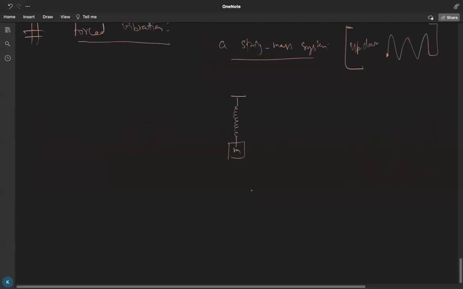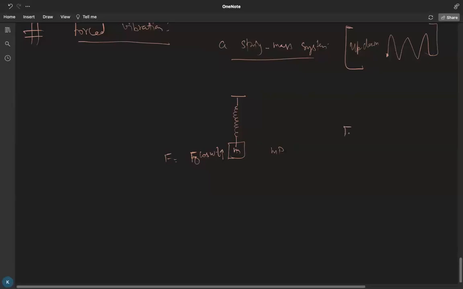What I'm doing is continuously applying a force F naught cos omega t on the system. Why is it varying as cos omega t? Because it's also under the influence of the spring force. So I am continuously applying a force varying as F naught cos omega t, right?